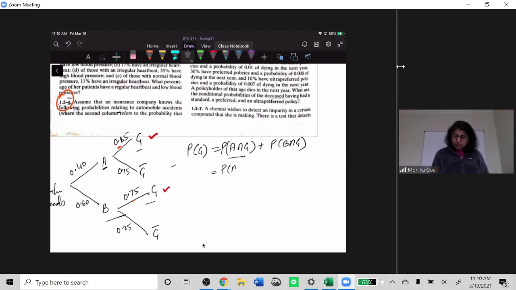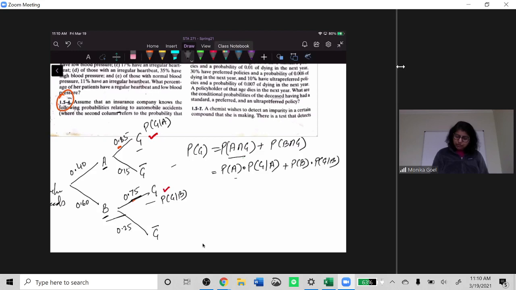It is the probability of A times the probability that the seed germinates coming from supplier A, the multiplication rule for conditional probability. Same thing, probability of B, and we are talking about this. This is the probability of G given B. And this is the probability of G given A.